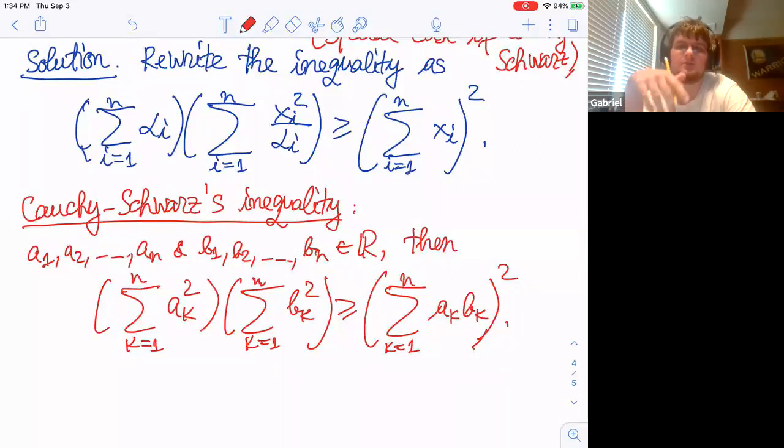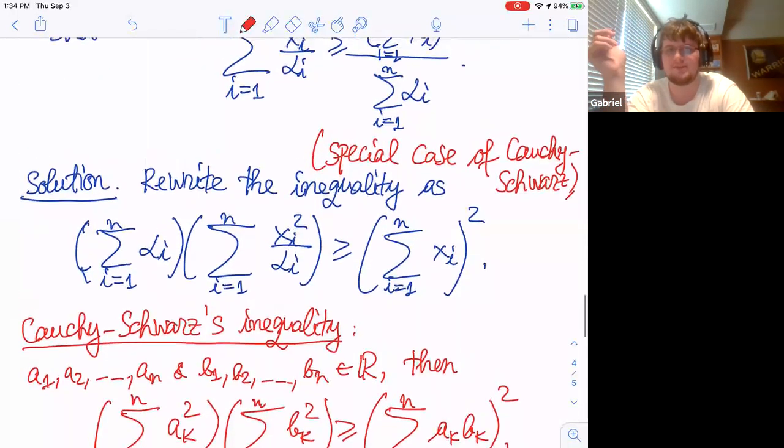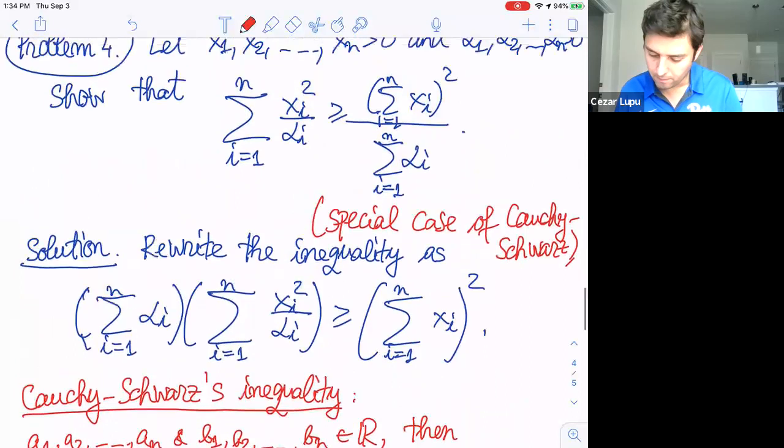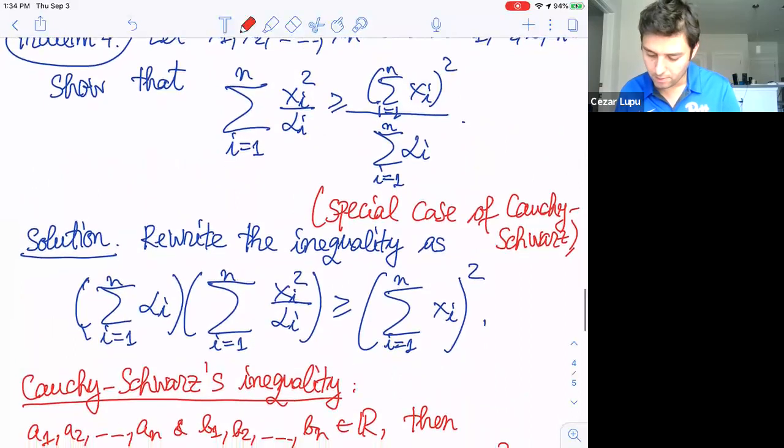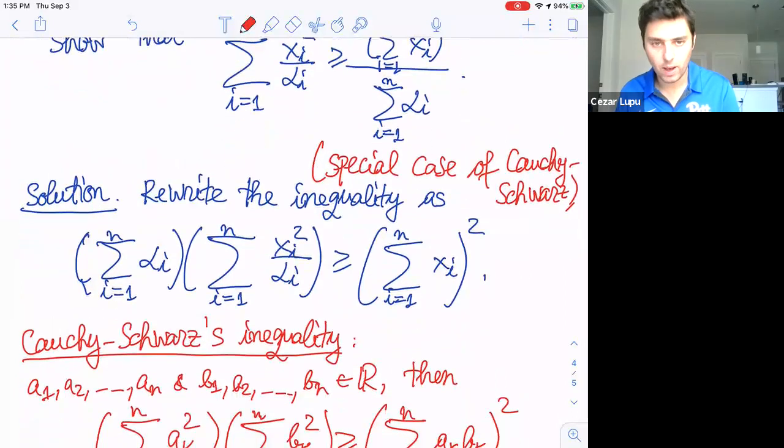Shouldn't it be xi squared over alpha I times alpha I? Since you squared the I inside of the parenthesis on the left, shouldn't it be xi squared on the right side? You mean here in the first inequality, the way I rewrote it?